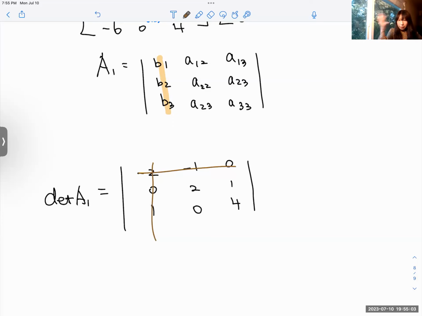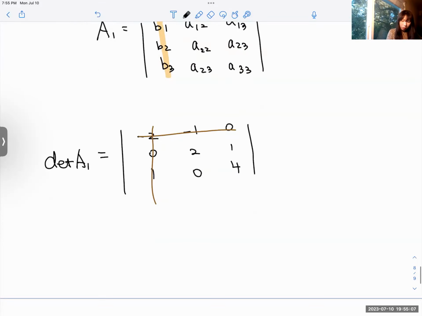So we factor out the negative 2, right? 2, 1, 0, 4.